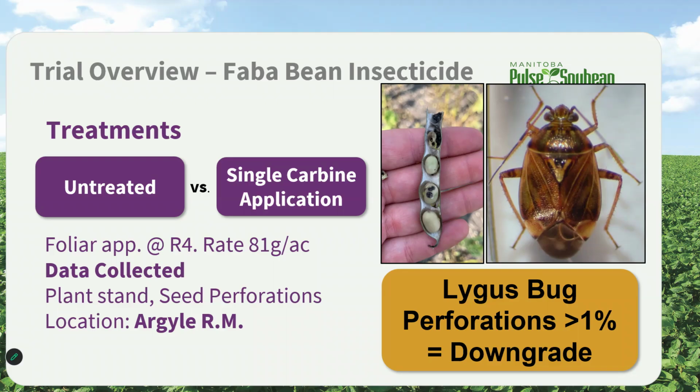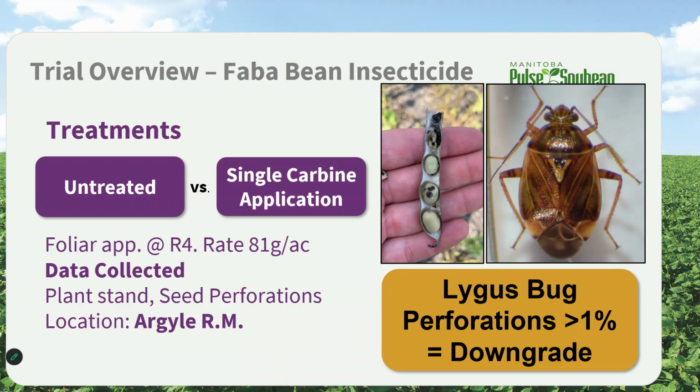This is an adult lygus bug shown on the right side of the picture here, and it has a characteristic triangle on its backside.